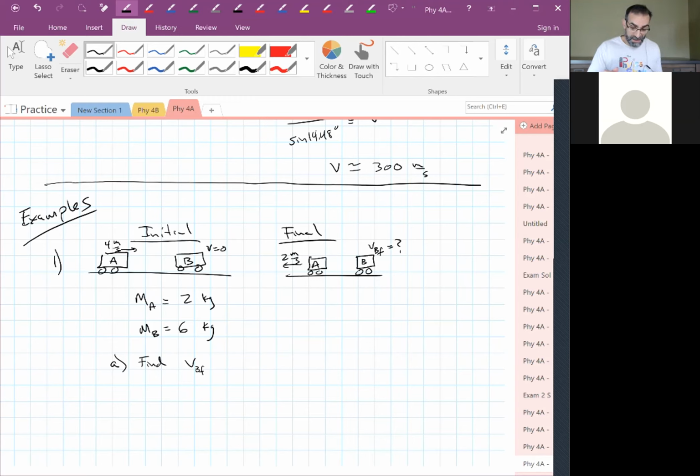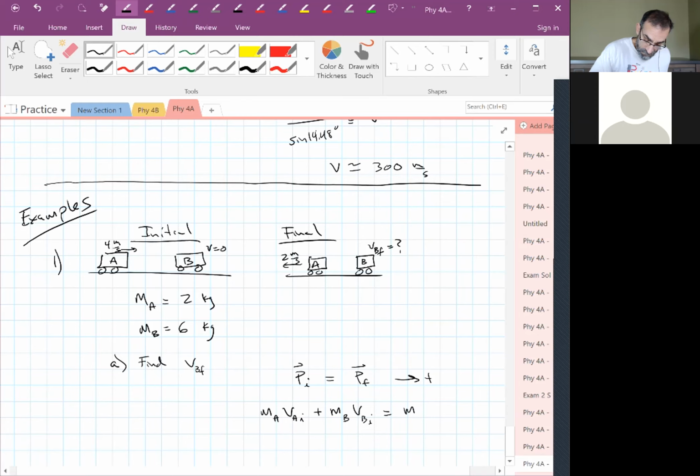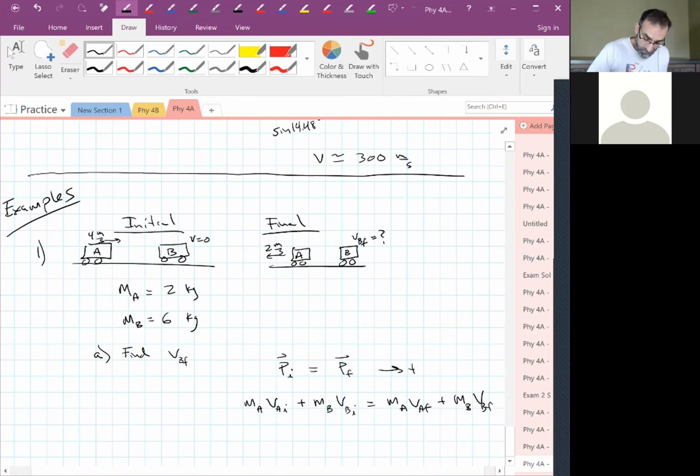I'm going to call the right my positive direction. That means that I've got the initial momentum of A, and I know B is not moving initially. That was 0.